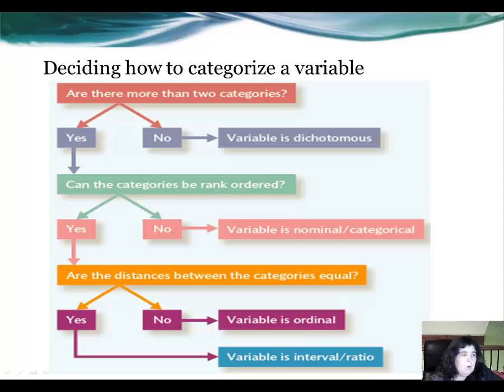If yes, we need to question about the distances between the categories and are they equal? If we can't actually rank the questions, then the variable is nominal or categorical. Concerning the distances between the categories, if they are not equal, the variable is ordinal, and if they are equal, the variable is interval or ratio scale. So there's a series of questions you need to think about when you're actually deciding on the variable.